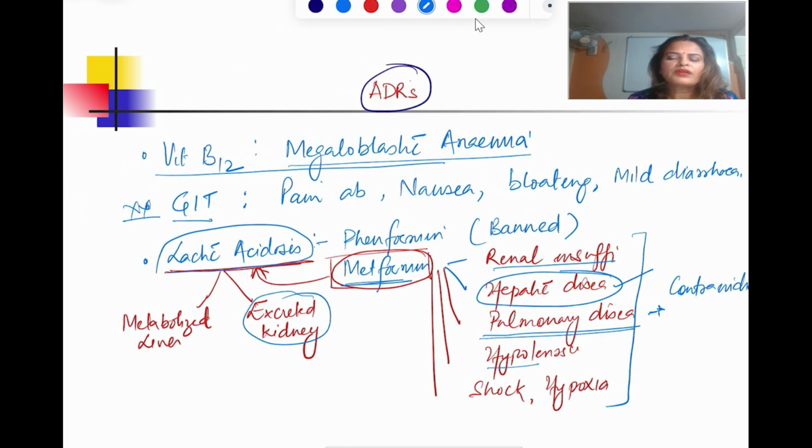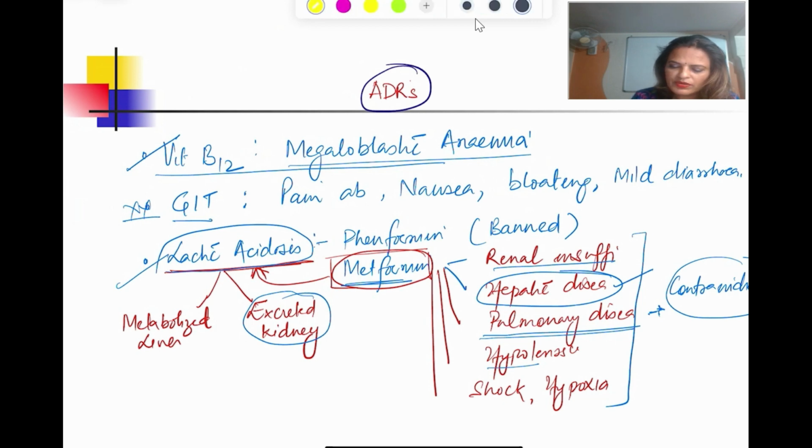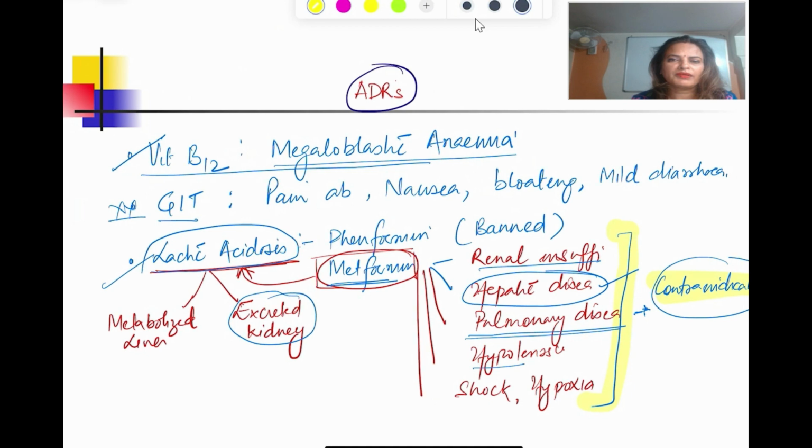Why are they contraindications? Because they are going to cause lactic acidosis. So these are the adverse effects as well as the contraindications. Remember one thing, vitamin B12 deficiency and lactic acidosis are the important adverse effects of metformin, and these are the important contraindications of metformin.